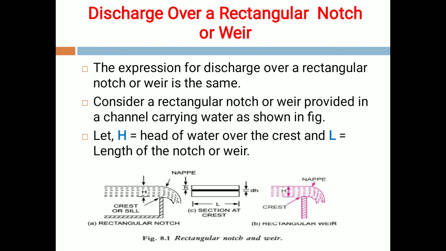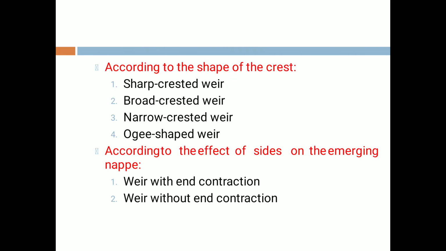After that, we have seen the classification of notches and weirs on the basis of shape and effect of side, and weirs on the basis of shape of the opening, shape of the crest and effect of side on the emerging nappe. In the next lecture, we will see the derivation of the discharge over a rectangular notch or weir.